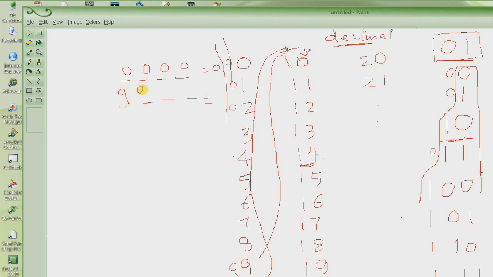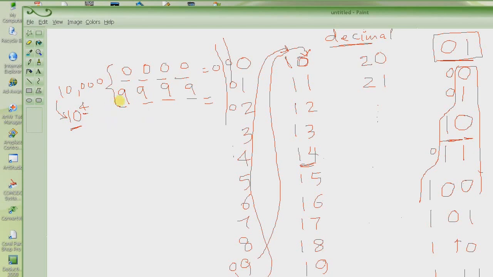It's 9 9 9 9, which is 9999. So in 4 decimal places, I can go from 0 all the way to 9999. In other words, these are 10,000 numbers that I can write, which is the same as 10 to the power 4. 10 is the number of digits that we are working with, and 4 is the number of places that we have. 10,000. This is how we got 10,000 numbers, starting from 0 to 9999.